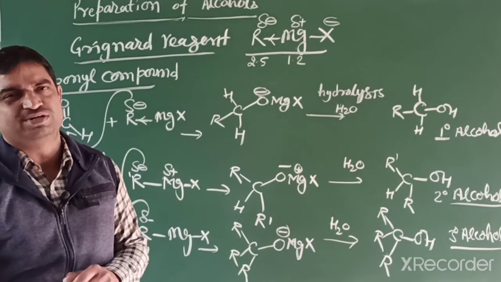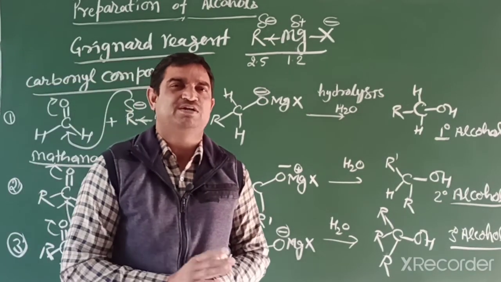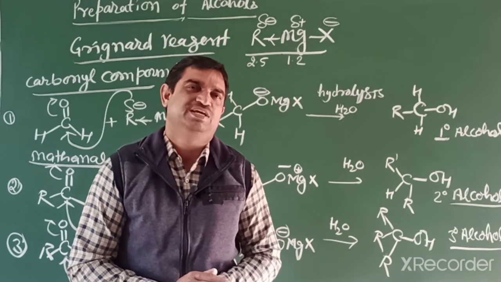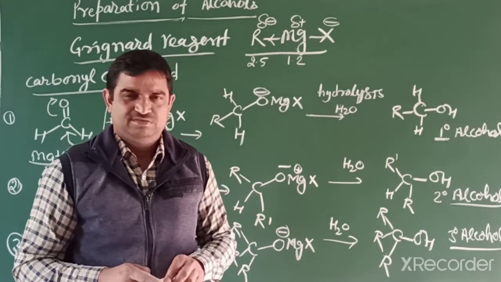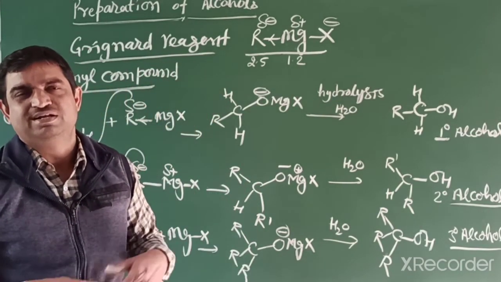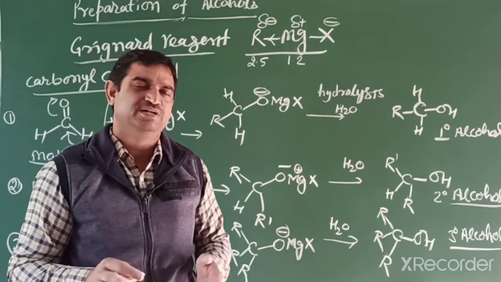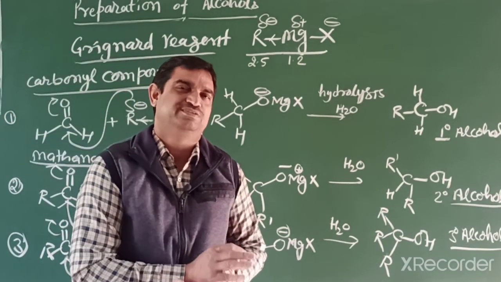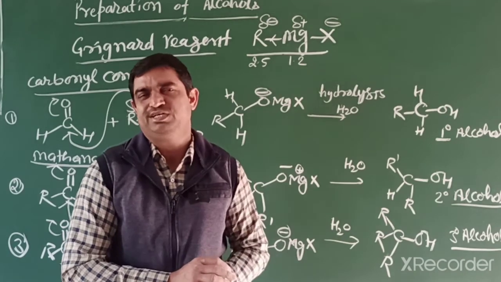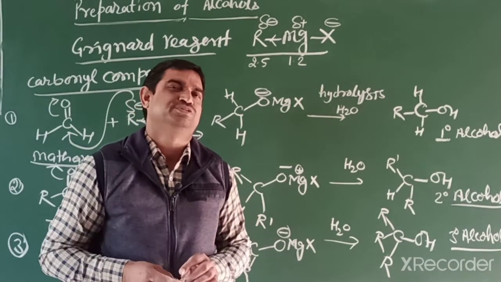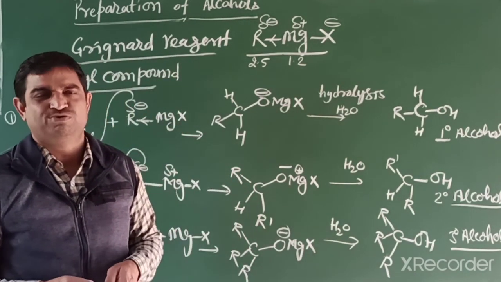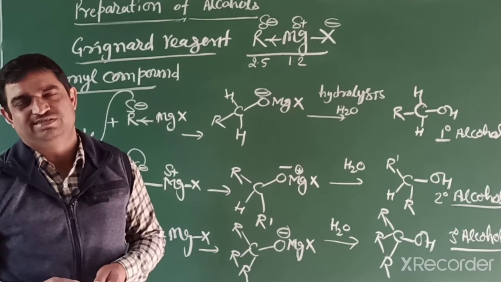But in that reaction you get overall anti-Markovnikov addition of water on the alkene. The third reaction we already discussed: from aldehyde or ketone by reduction using a normal reducing agent or a strong reducing agent, that is sodium borohydride or lithium aluminum hydride.